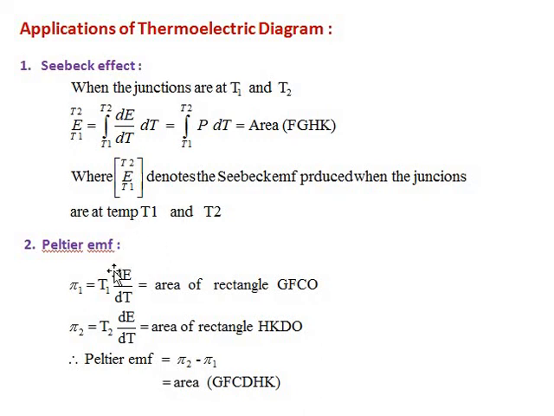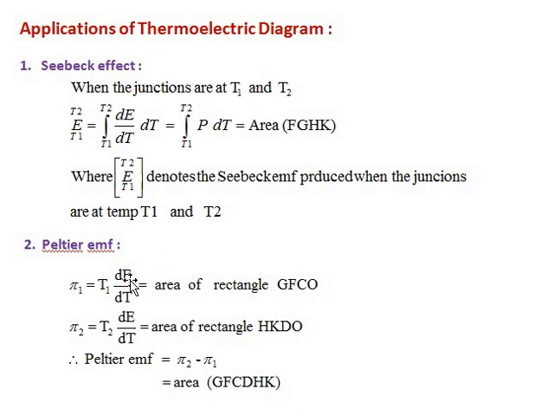Then how to determine Peltier EMF? We know Peltier coefficient pi1 is equal to T1 into dE by dt. That is the standard relation we derived. So it is equal to area of rectangle GFCO.